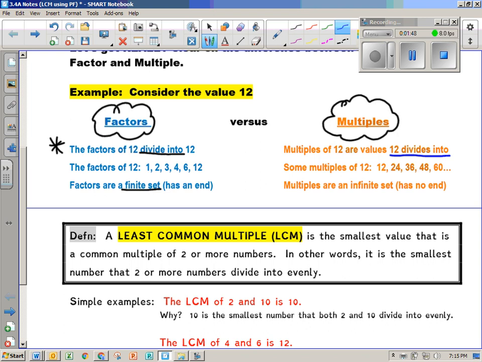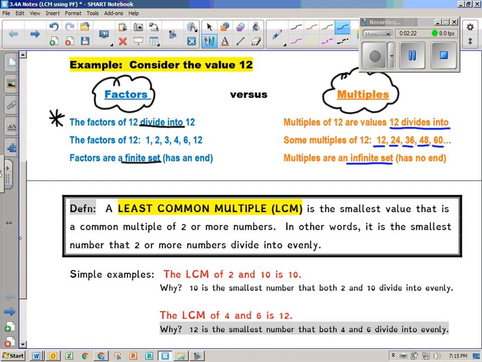Some of the multiples of 12 are the result of 12 times 1, 12 times 2, 24, 12 times 3, 36, 12 times 4, 48, 12 times 5, 60, and so on. Multiples are what we call an infinite set, meaning you can't count up all the members. It goes on infinitely. By continuing to multiply 12 times the next integer, you would produce more multiples.